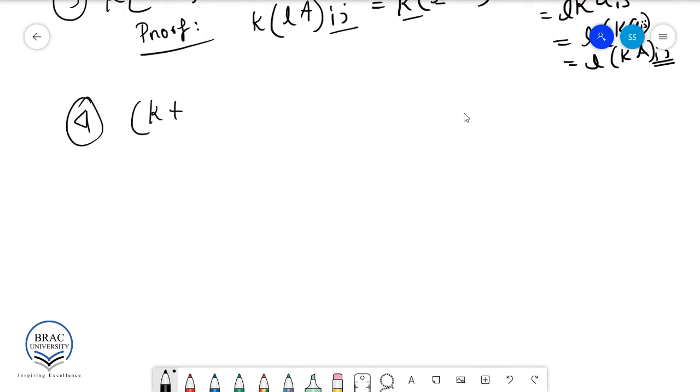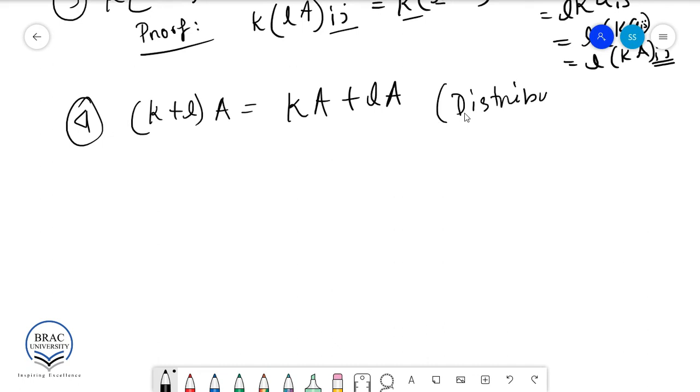You have two scalars K and L. If you add them and multiply by a matrix like this, you get KA plus LA. I believe this is called the distributive property. And this is easily proven again using the index notation.